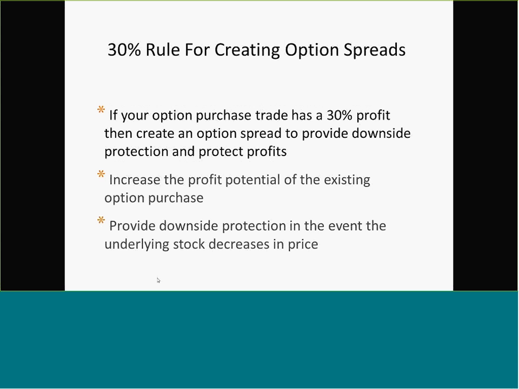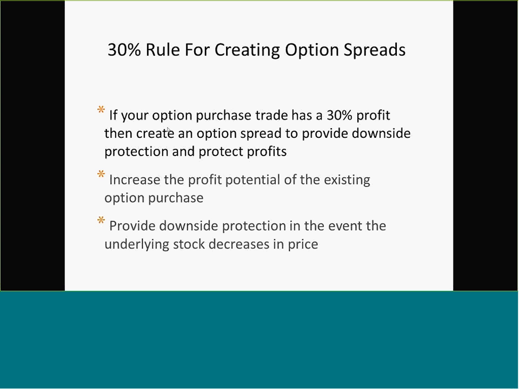Okay, so I want to show you examples of option purchases that I made using Prime Trade Select, and then the trade worked out. I had a 30% profit, and then I'll show you how I created a debit spread. And once I created that debit spread, of course, that provided downside protection to help protect the profits.